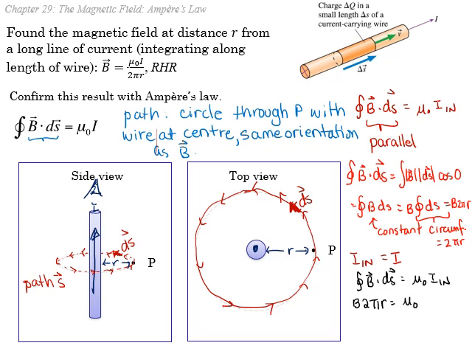That's equal to mu naught times I. Solve for B. We get B is equal to mu naught times I over 2 pi r. So Ampere's law gives us the magnitude. We find the direction using the right-hand rule, and once we include the direction, we find it as a vector. So Ampere's law takes what was a very difficult integral problem and makes it a very straightforward problem.